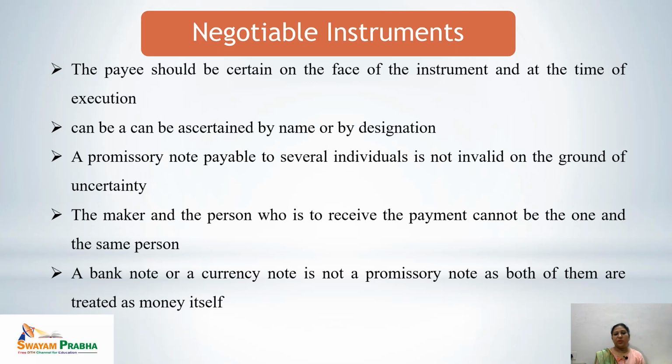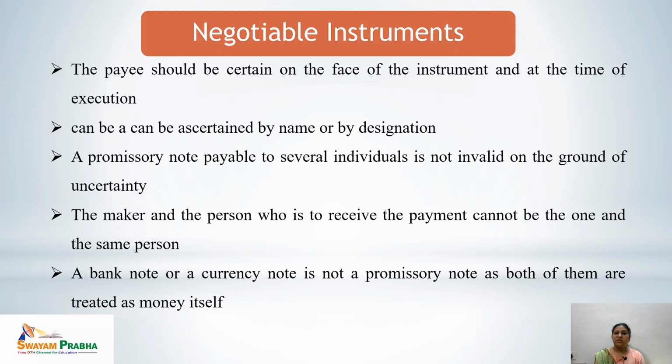A promissory note payable to several individuals can never be considered as a valid instrument, because if there is an involvement of several receivers, then to whom the payment was made is not clear. It makes the terms of the promissory note totally uncertain. So it is not a valid instrument. The maker and the person who is to receive the payment cannot be the one and the same person.